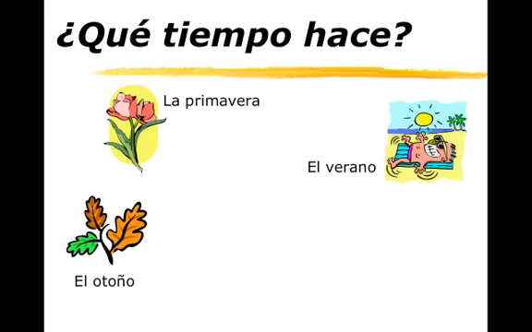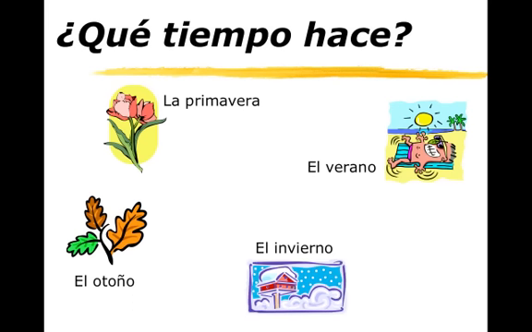También hace mucho viento. El otoño es durante los meses de septiembre, noviembre y diciembre. En el verano hace mucho frío. Nieva mucho. El invierno es durante los meses de diciembre, enero y febrero.